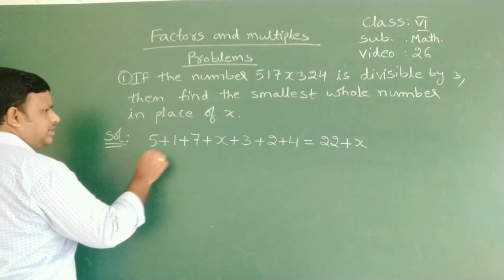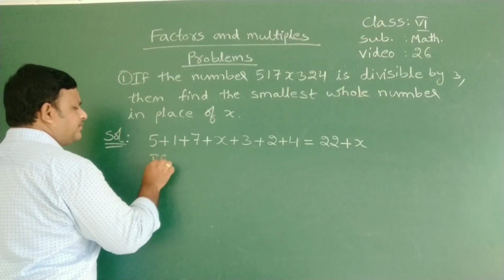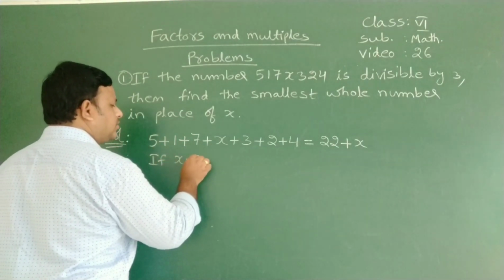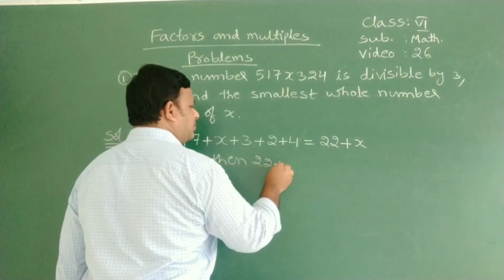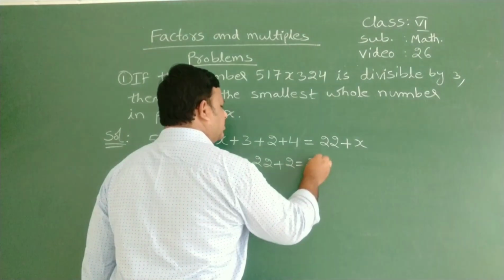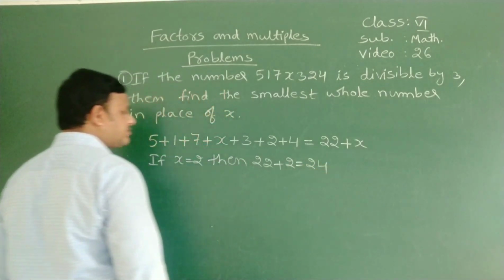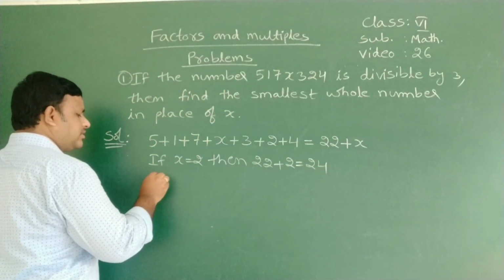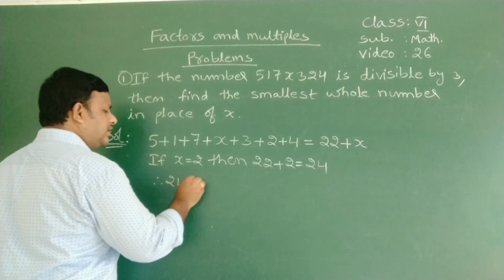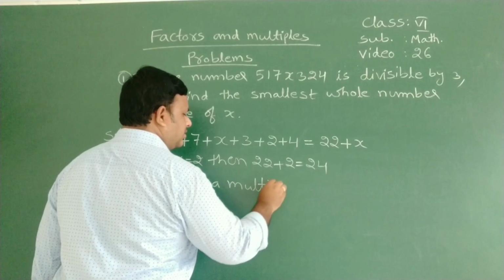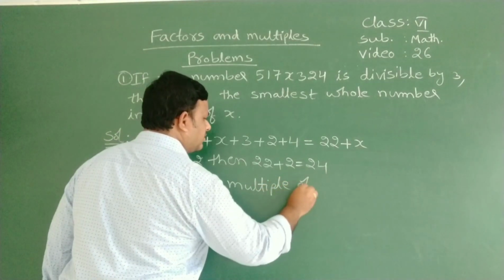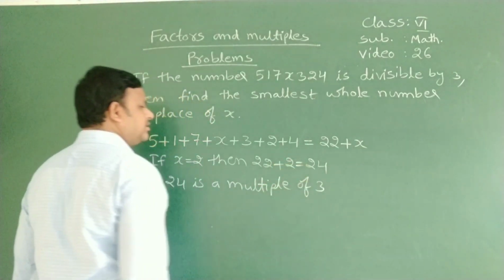Okay, so here I will write, if x is equal to 2, then 22 plus 2 is equal to 24. Therefore 24 is a multiple of 3.